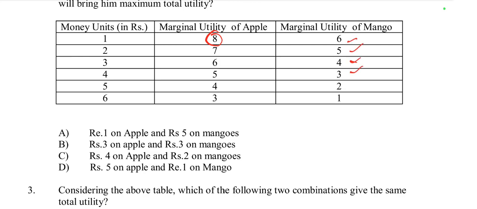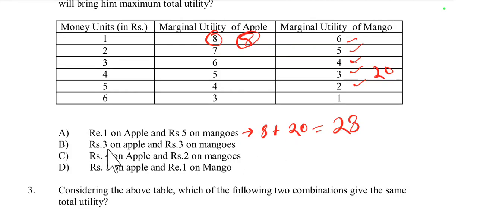Then 5 mangoes: 6, 5, 4, 3, 2. Total apple utility is 8. Total mango utility is 6 plus 5 plus 4 plus 3 plus 2, which is 20. So 8 plus 20 means total 28 utility. The first combination's total utility is equal to 28.